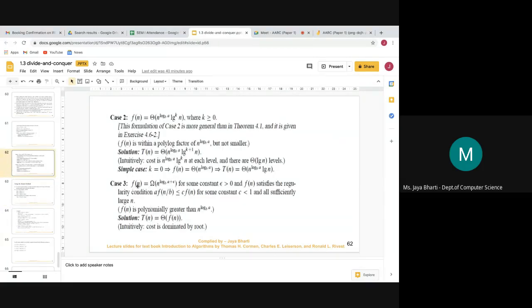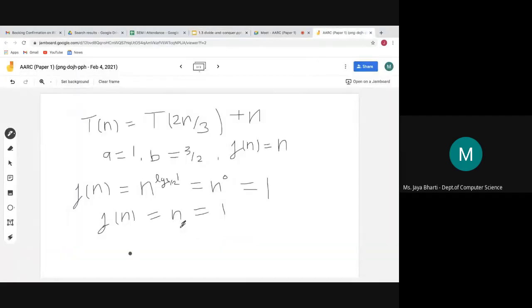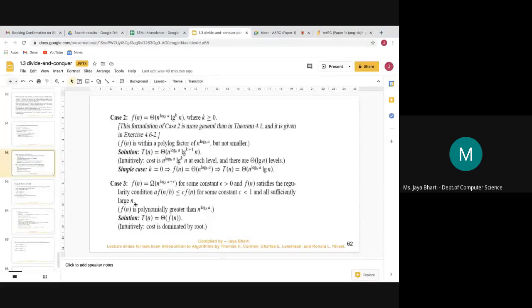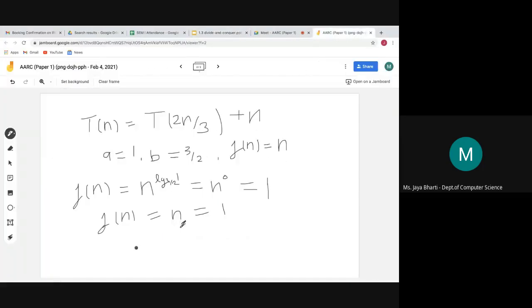If f of n is equal to omega, omega means this part should be smaller. So we have seen that this is the smaller part. So in that case, case 3 will be applicable. So the solution for case 3 is T of n is equal to theta of f of n. So f of n की हमारी जो भी वैल्यू होगी, that will be the answer.